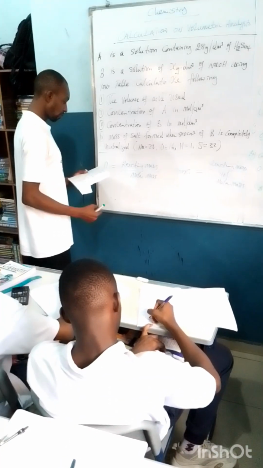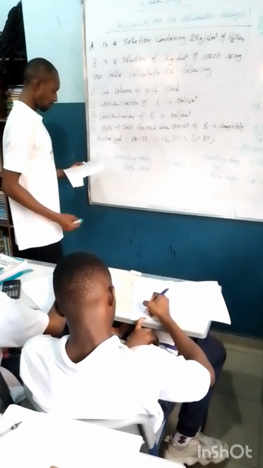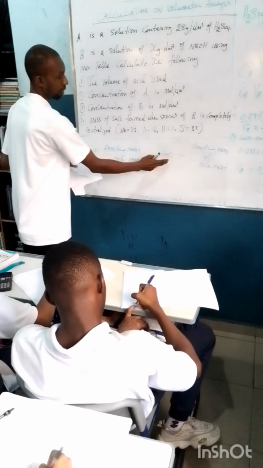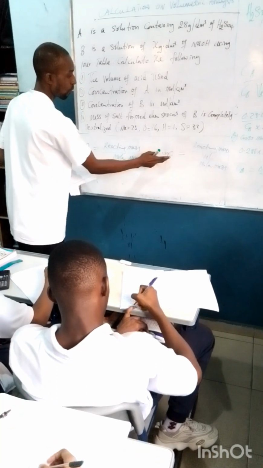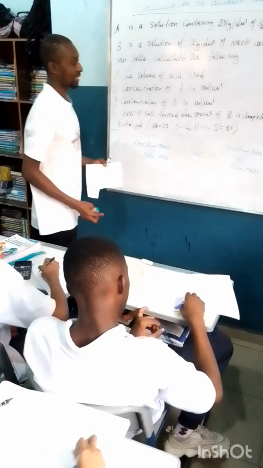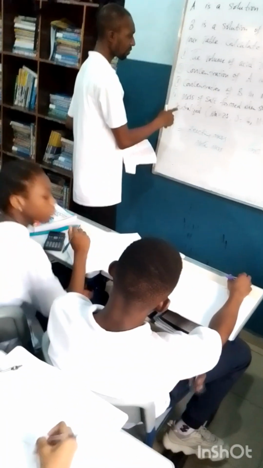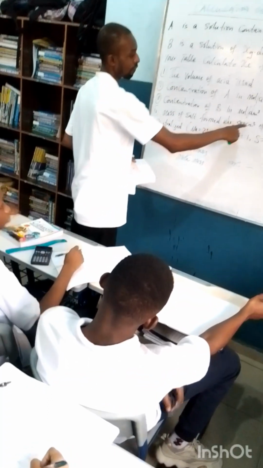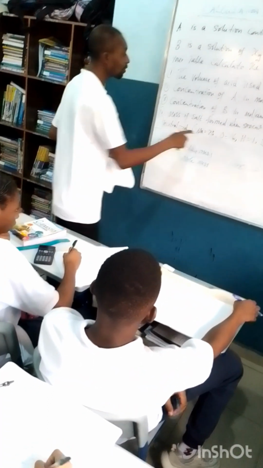We know the volume. We know the molar mass. This is what we are looking for. We have the concentration, we have the volume, we have the molar mass. We are looking for the reacting mass because the question said the mass of salt formed when this 500 centimeter cube of B is completely neutralized.